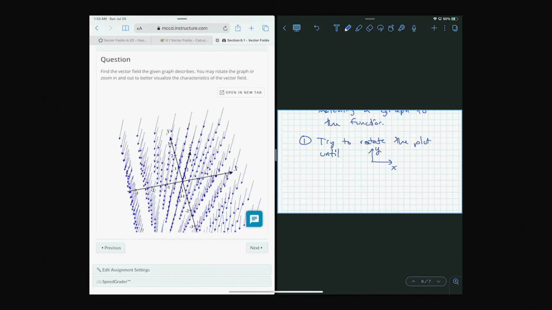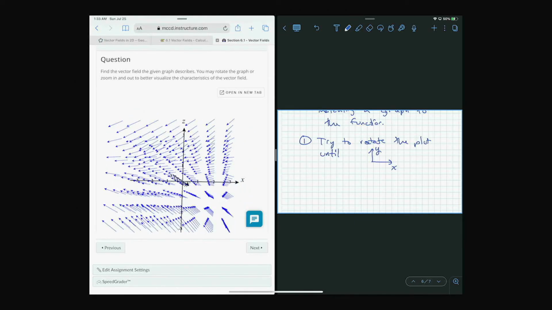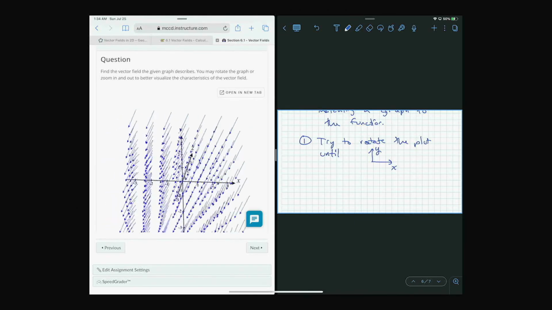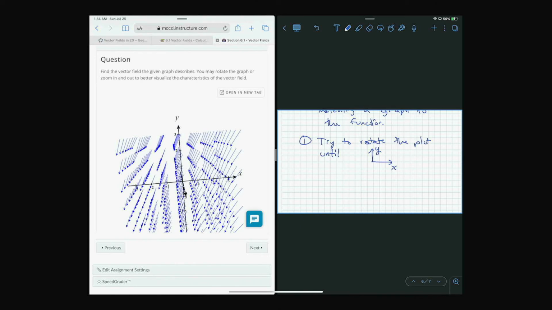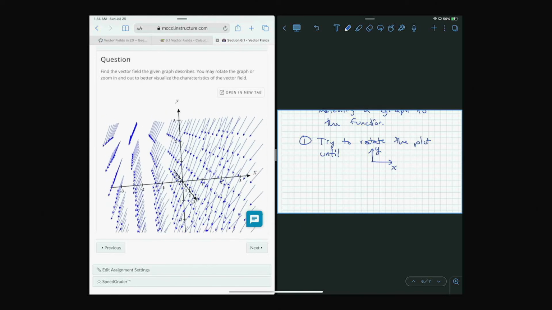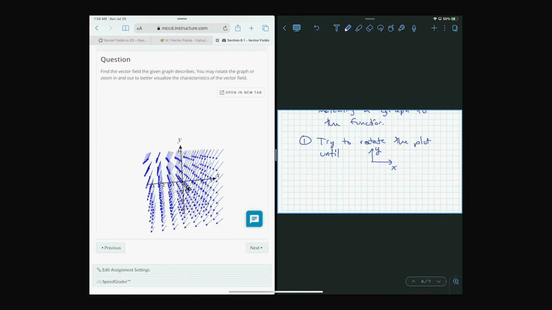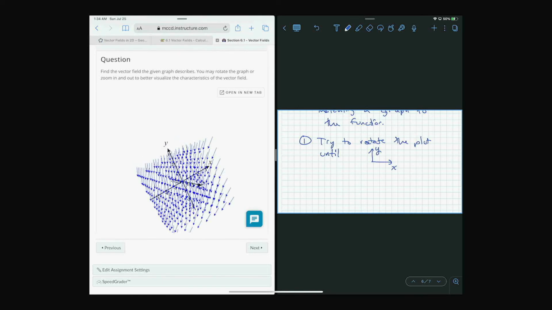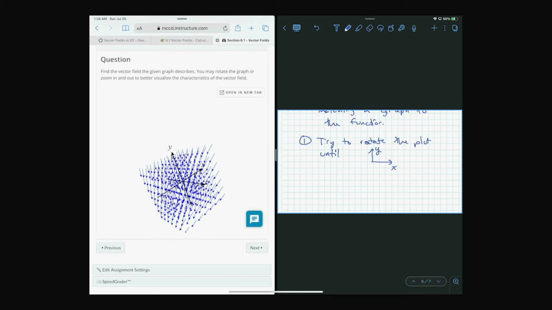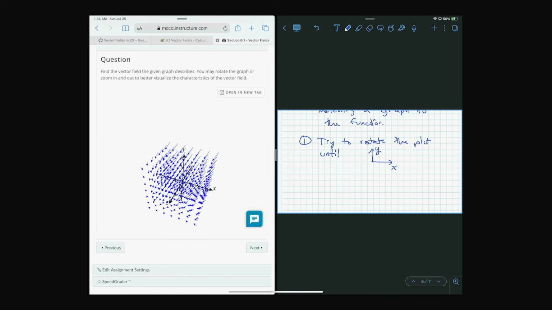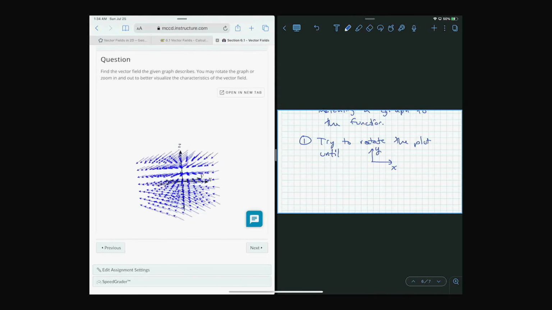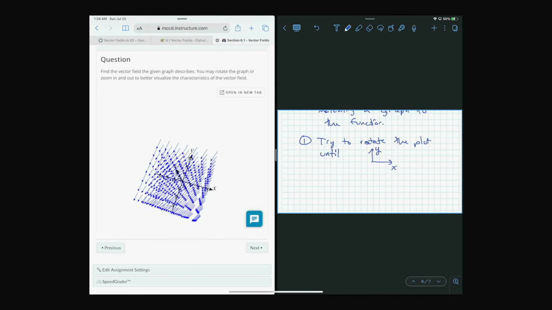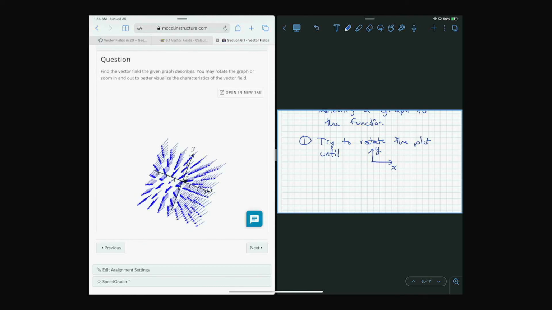So I'm just rotating it. Right now I've got positive z pointing up. That's not what I want. I want positive y. It's hard to rotate. Let me just rotate a little more. Okay, good enough.